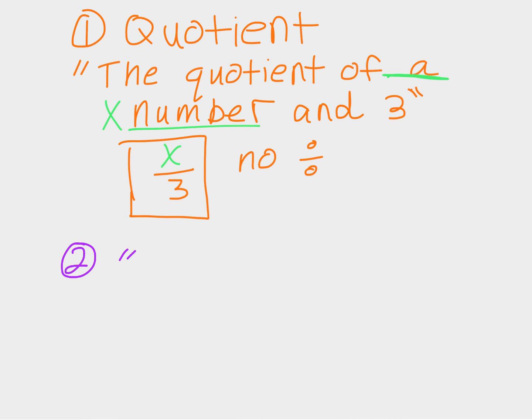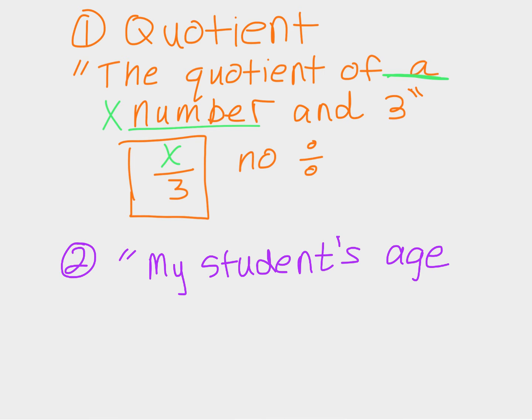This is an example of the type of problem you might see. My student's age, and I'm going to use the letter A to represent my student's age. See what I did just here? I did something called defining the variable.